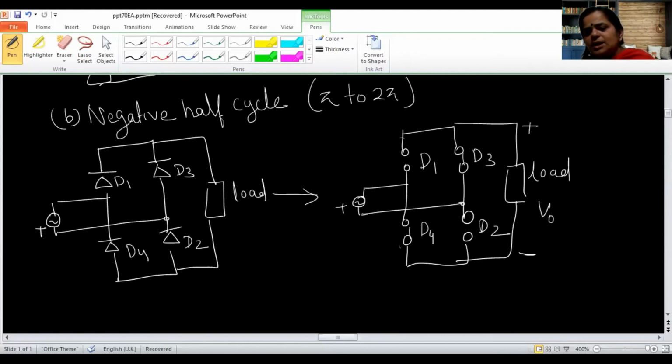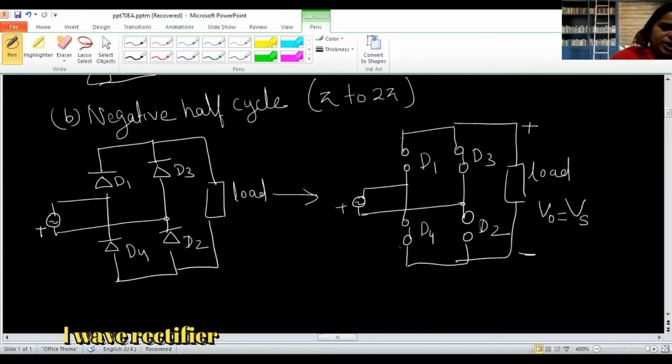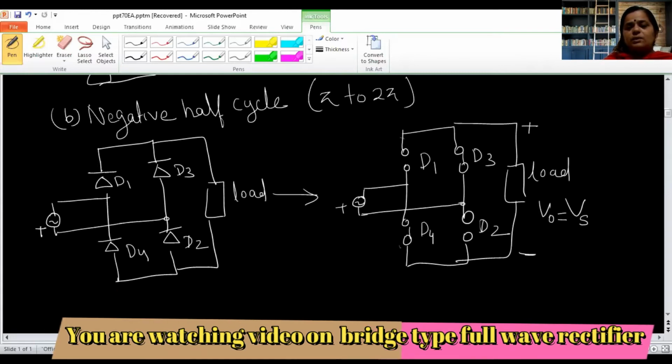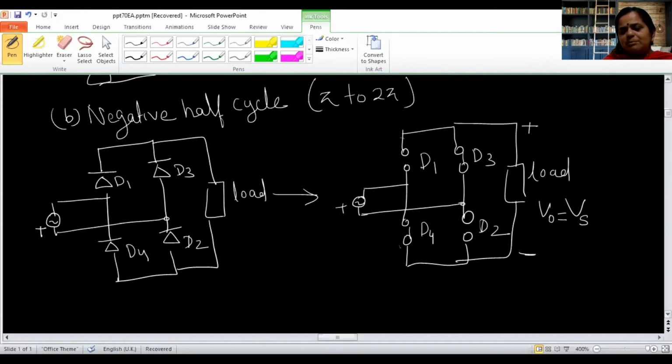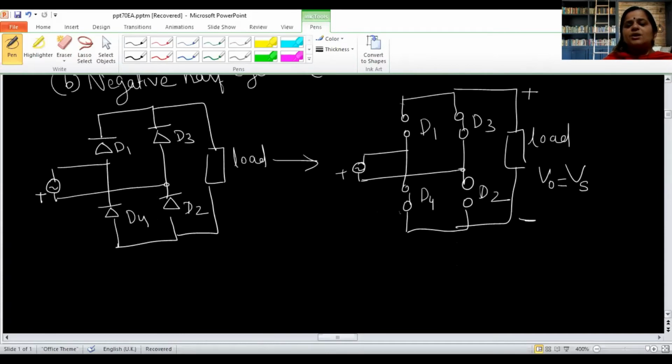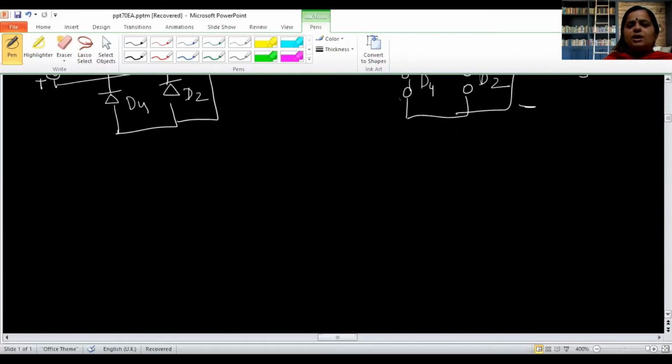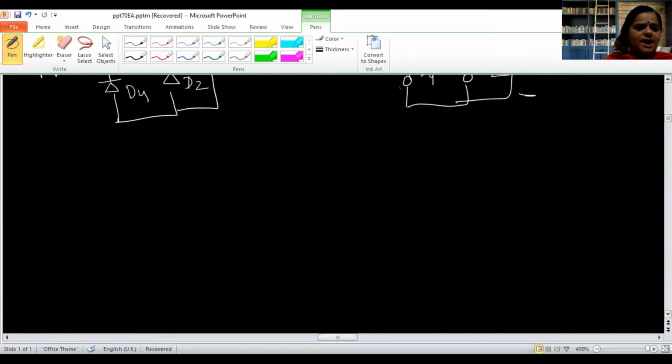So under this condition also, the supply voltage is appearing at the load through the short circuit of D3 and D4, and in this negative cycle also, the polarity appearing at the load is not changing. Again it comes with the positive terminal of the load at the top side and the negative terminal of the load at the lower side.